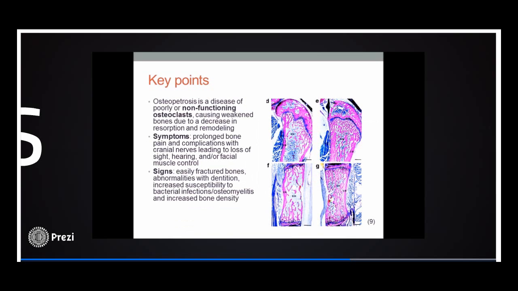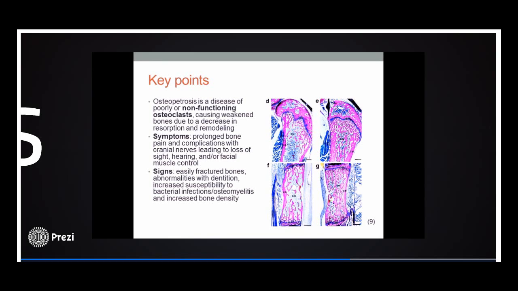And finally, here are some key points of osteopetrosis. Osteopetrosis is a disease of non-functioning osteoclasts that cause an increased density of bone. Symptoms include bone pain and cranial nerve compression. Signs include easily fractured bones and increased susceptibility to infections.